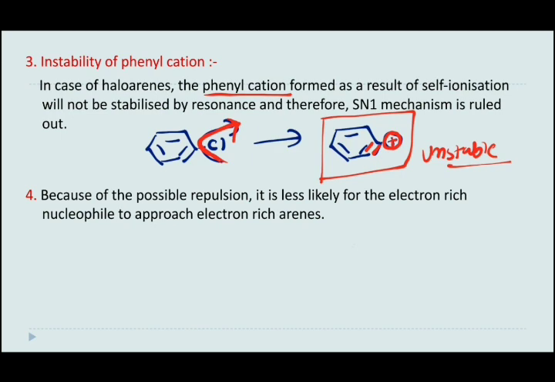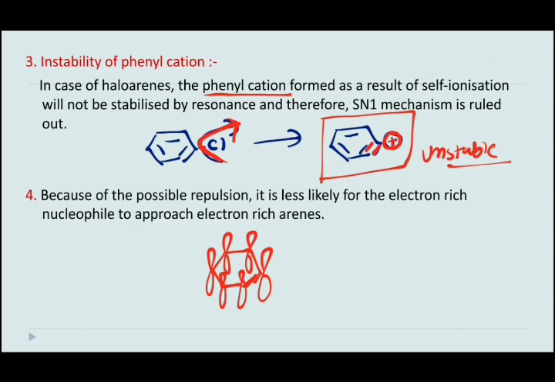And what happens in SN2? The nucleophile attacks from the back side and the leaving group leaves the carbon atom. Now if we discuss the SN2 mechanism in haloarenes, we know that the pi electron density lies on the upward and downward side of the aromatic ring.